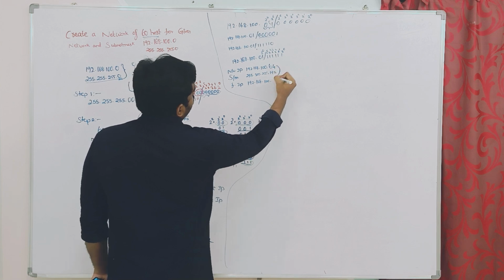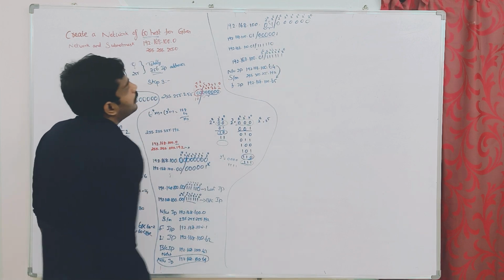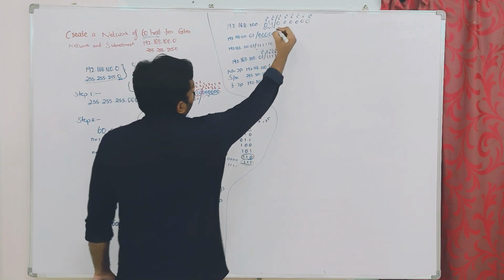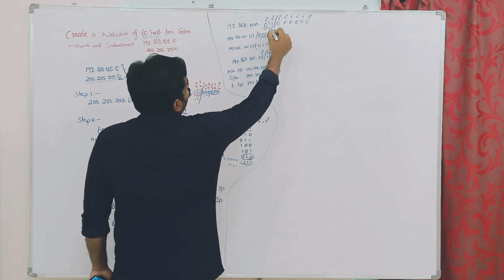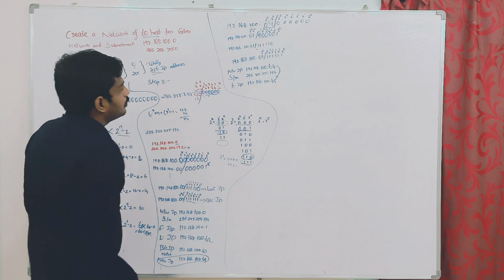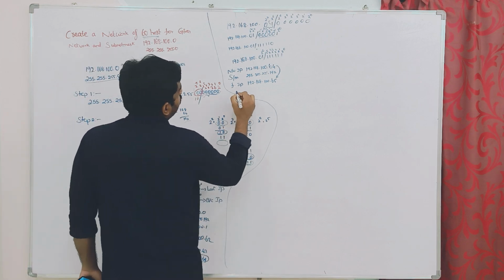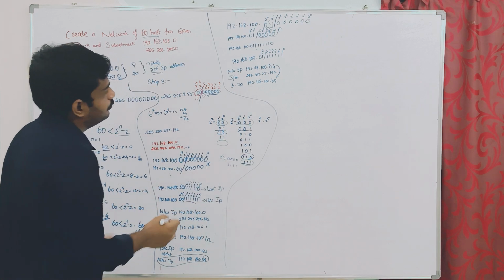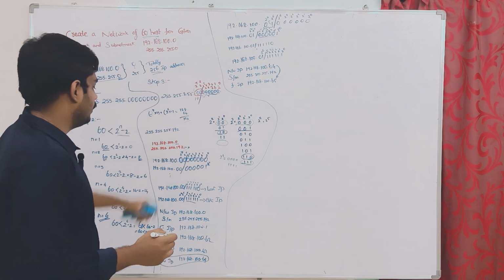After the network IP comes the first IP, or otherwise you can write it like this and multiply the corresponding bits with the powers of 2: 2 power 0, 2 power 1, 2 power 2, 2 power 3, 2 power 4, 2 power 5, 2 power 6, 2 power 7. So you will get 65. And the last IP, we don't know what it is yet, but if I find the broadcast IP, then I come to know what the last IP is.